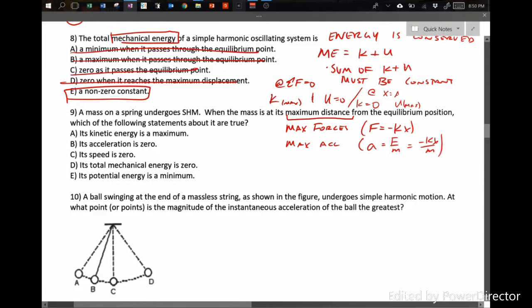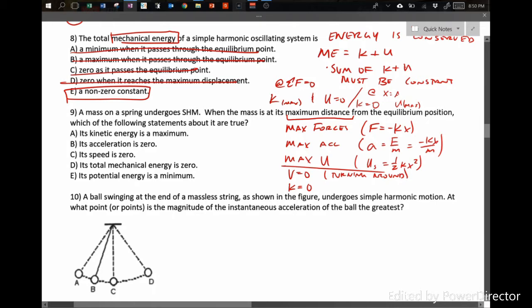Maximum force, maximum acceleration. And since it's maximum displacement, I have maximum potential energy, because potential energy for a spring is 1/2 kx squared. All of those things happen at the maximum distance from equilibrium position. That also means that the speed is 0. The object is turning around, and because the speed is 0, the kinetic energy is 0.